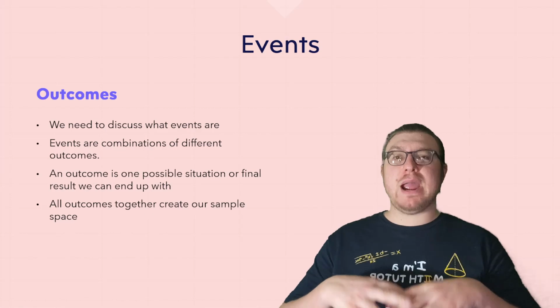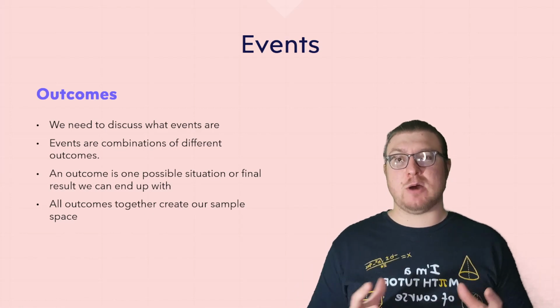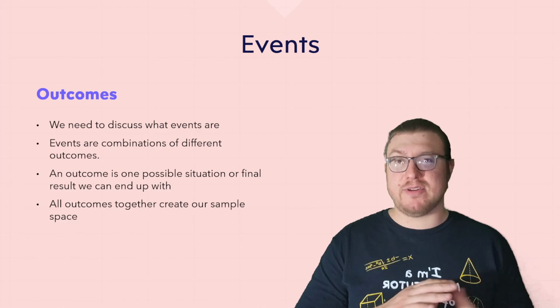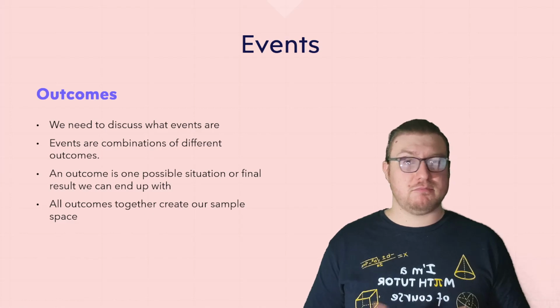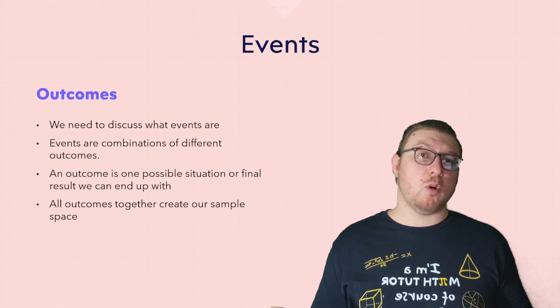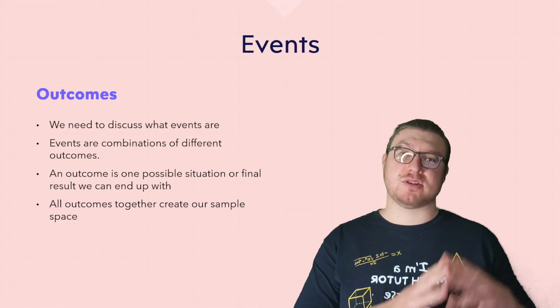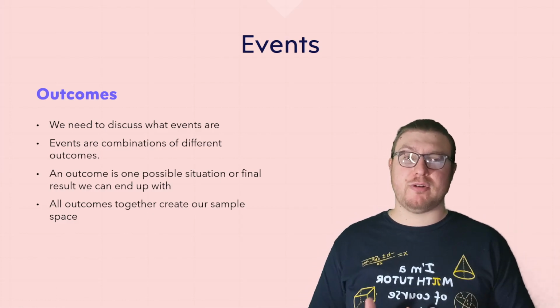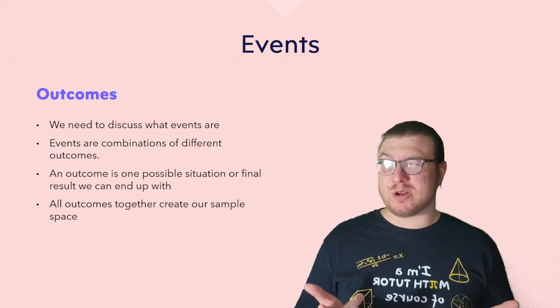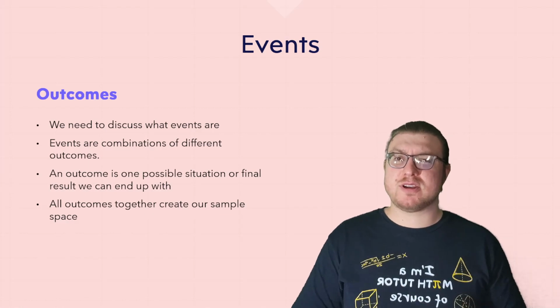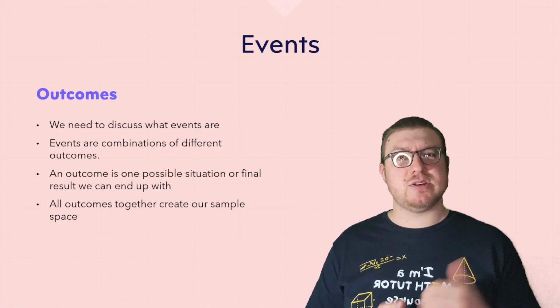If you have a combination of these outcomes, that will be considered an event. For example, the dice rolling 6 or 4 is an event because it's a combination of outcomes. We could also have an event with just one outcome, but that's very boring. That could, for example, be you roll 1 die and you roll 3.